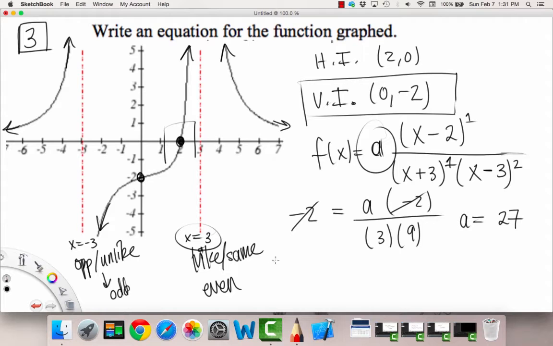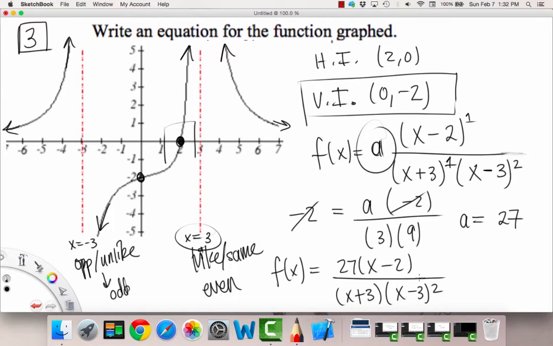Now we just plug that in, and we get the equation for our function: f of x equals 27 times x minus 2 over x plus 3 times x minus 3, squared just on that one. That gives us the equation for the function in the graph.